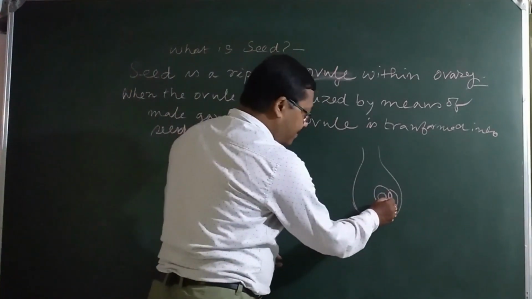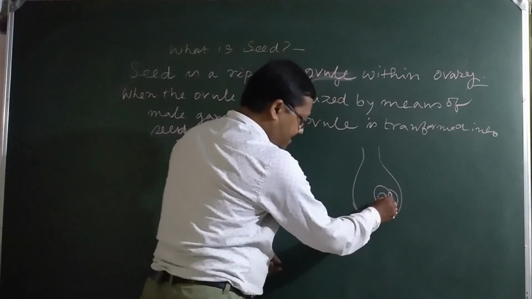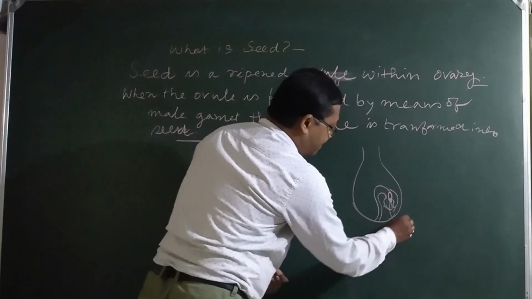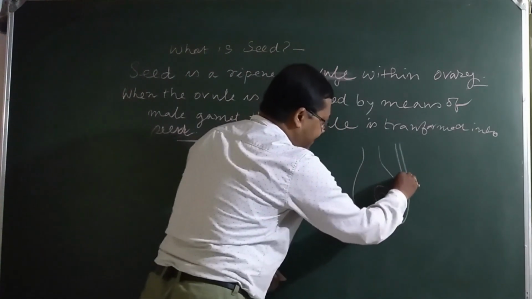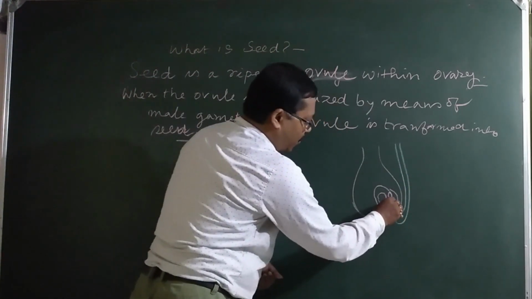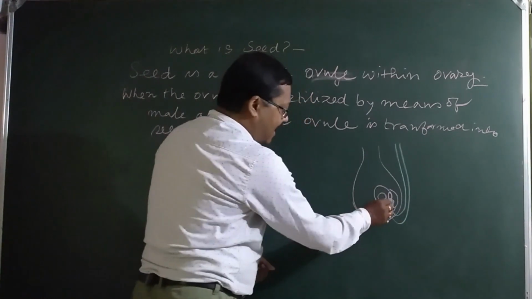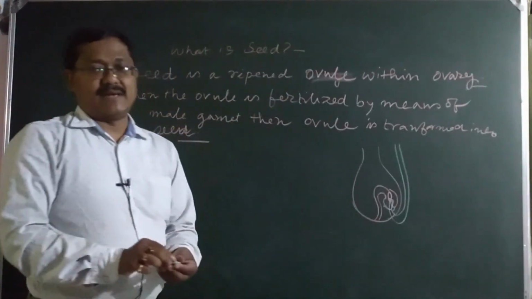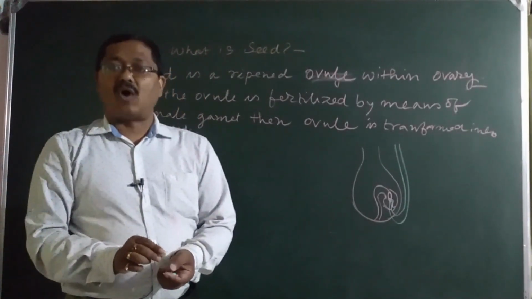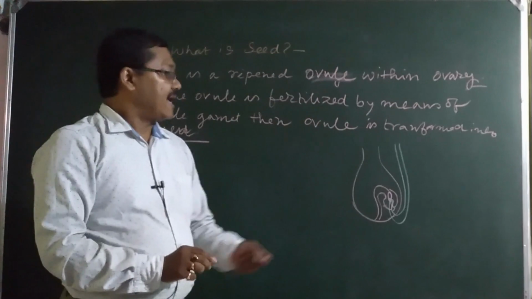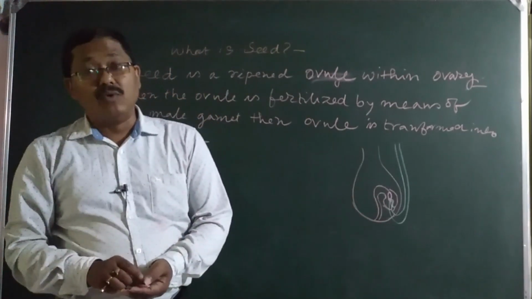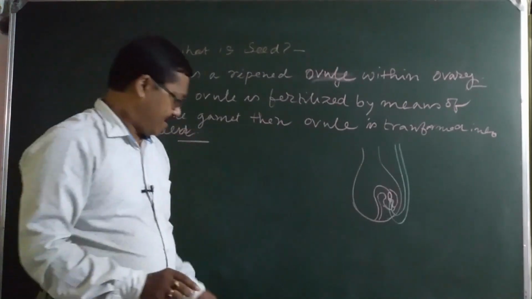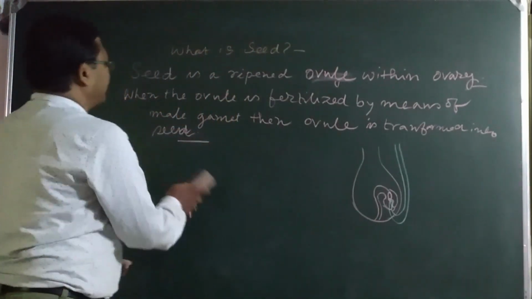When the egg of the female gametophyte is fertilized by the male gamete that comes into the egg through the pollen tube, this process is called fertilization, and after fertilization the ovule is transformed into a seed. So this is the formation of seed.